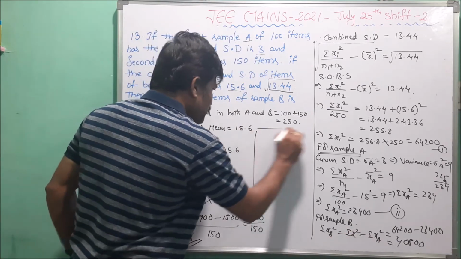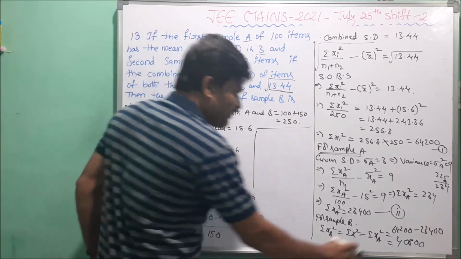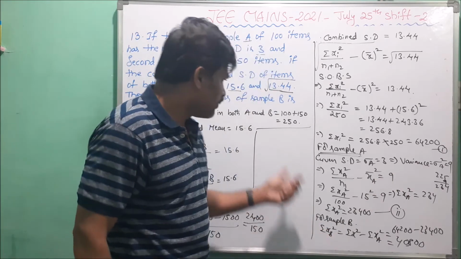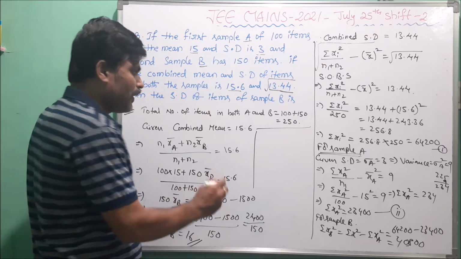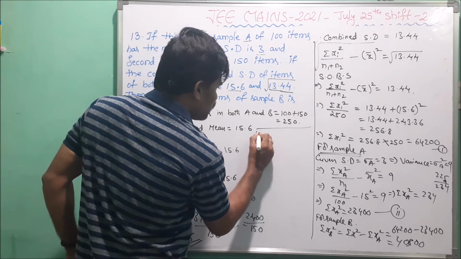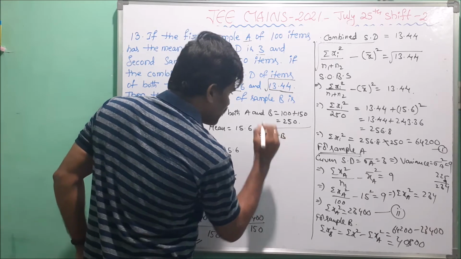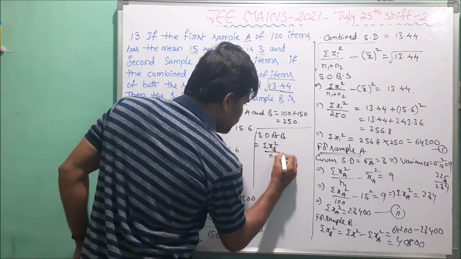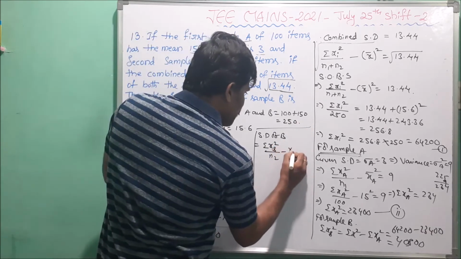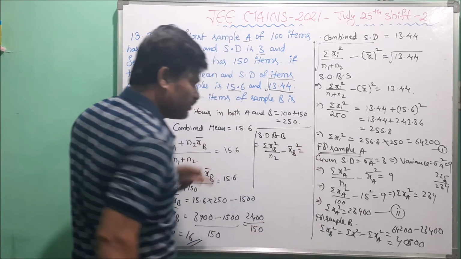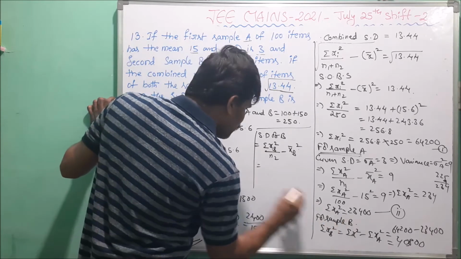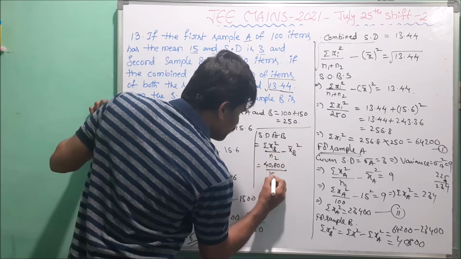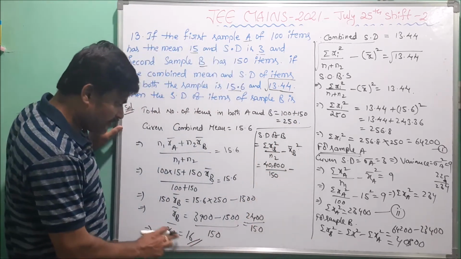Now here, using this summation xb square 40,800 to find the standard deviation of sample B. So SD of B equals the square root of summation xb square by n2 minus xb bar square, that is 40,800 by n2, where n2 is 150, minus xb bar value 16.